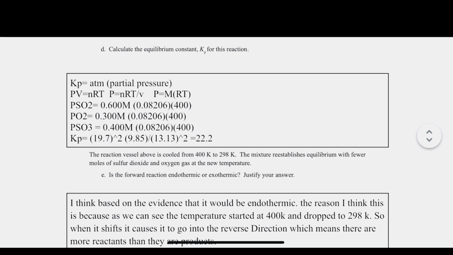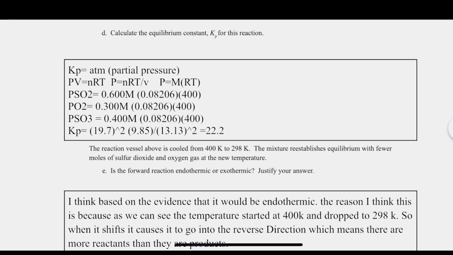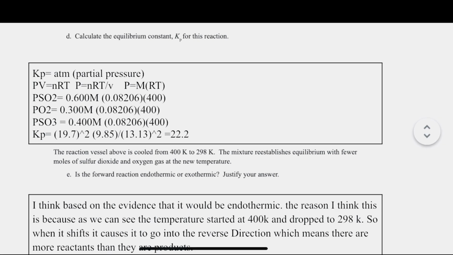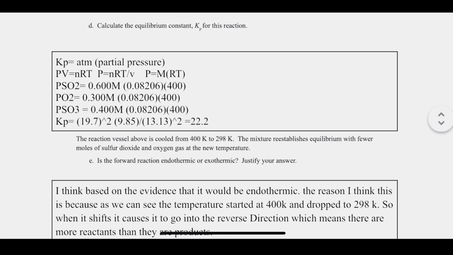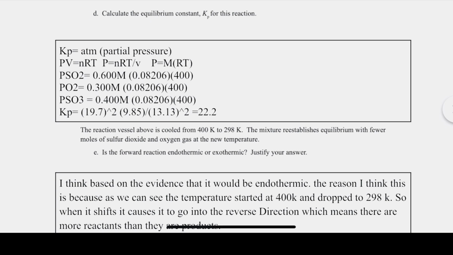For the next part, the reaction vessel above is cooled from 400 to 298 K. The mixture reestablished equilibrium with fewer moles of sulfur dioxide and oxygen gas at the new temperature. Is the forward reaction endothermic or exothermic? Justify your answer.